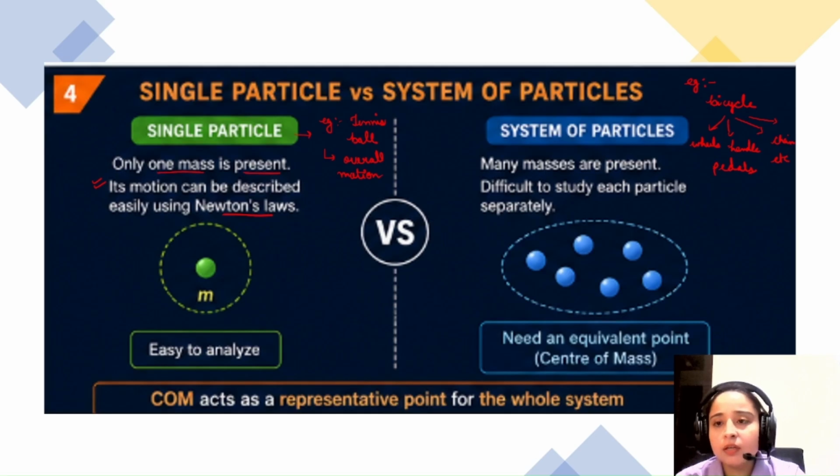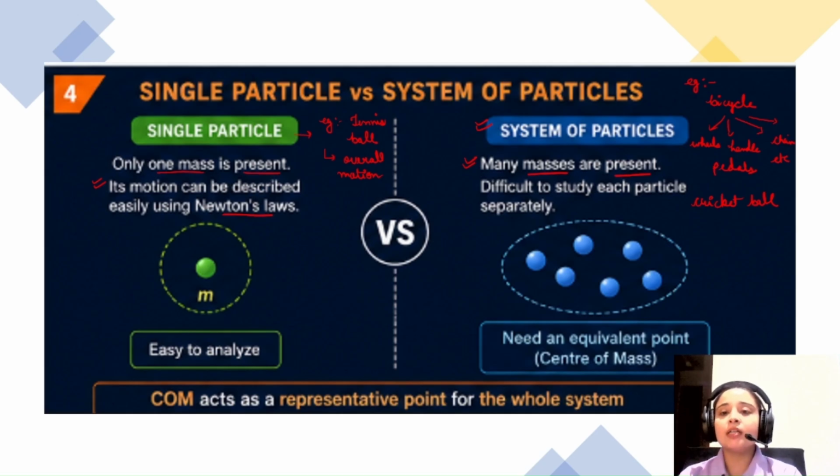Even another example, if you take a cricket bat, again, you cannot treat a cricket bat as a single particle. It is made up of many particles, right? So objects which are made up of many particles are called a system of particles. That means a system of particles means many masses are present.